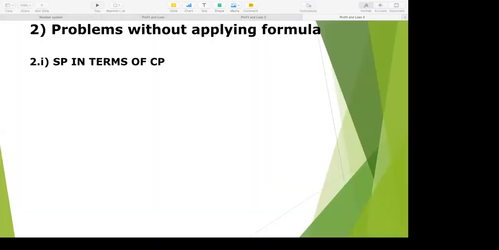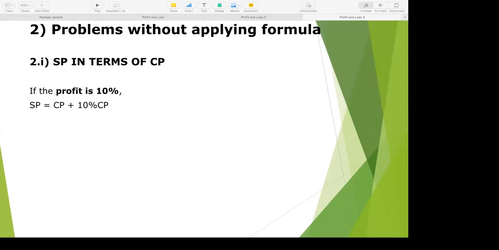So guys, let's say we have to write down SP in terms of CP, and the profit is 10%. So in that case, what will be your SP? Your SP will be nothing but CP plus 10% of CP.